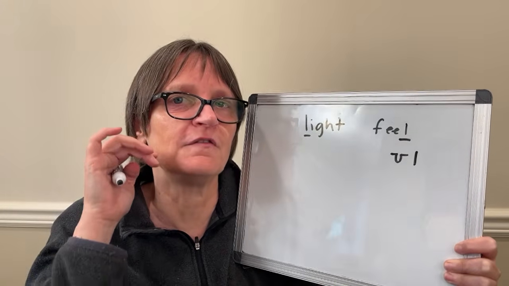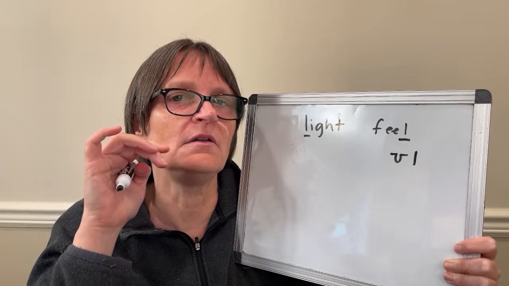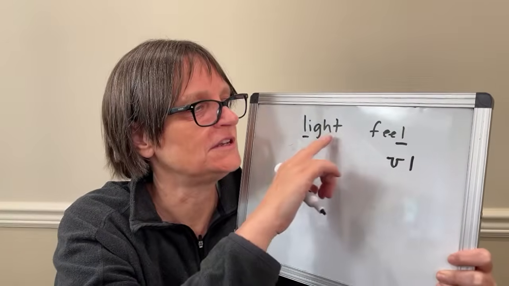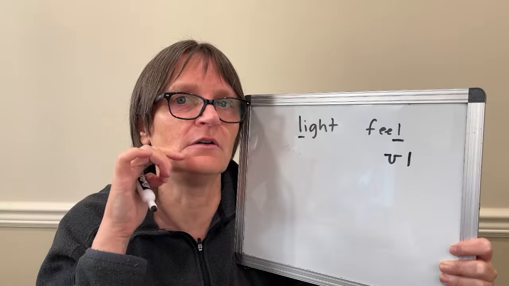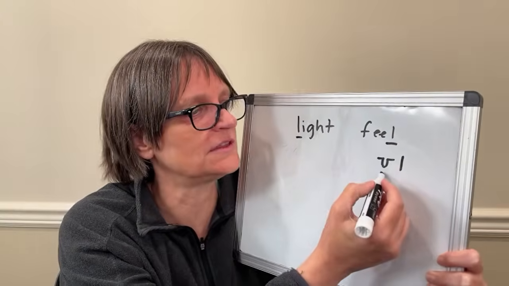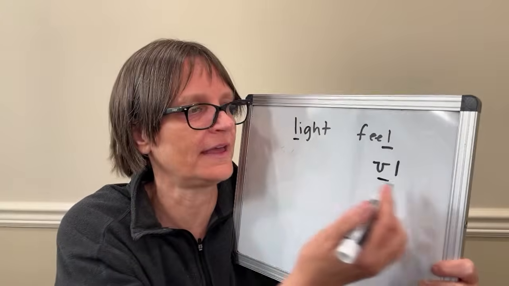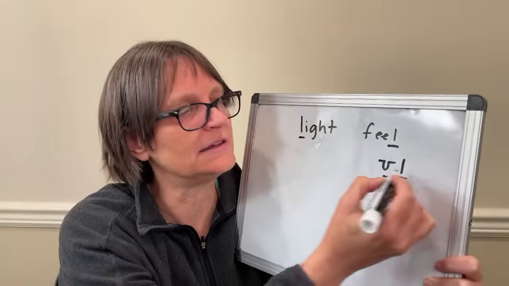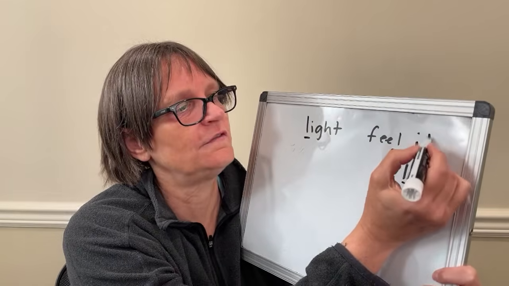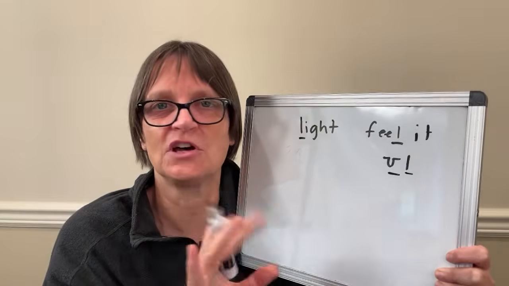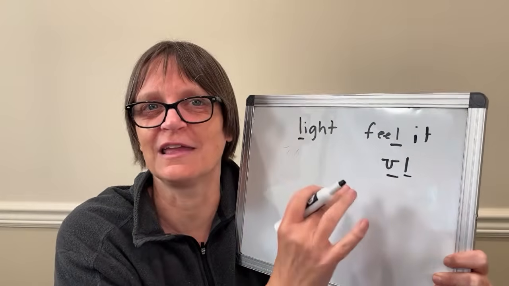And then if I'm saying feel, it's possible to not lift my tongue for that L. I can just do it with this vowel and coloring the L. I still recommend lifting your tongue there, because if I'm saying feel it, that L becomes more of the light L again anyway.